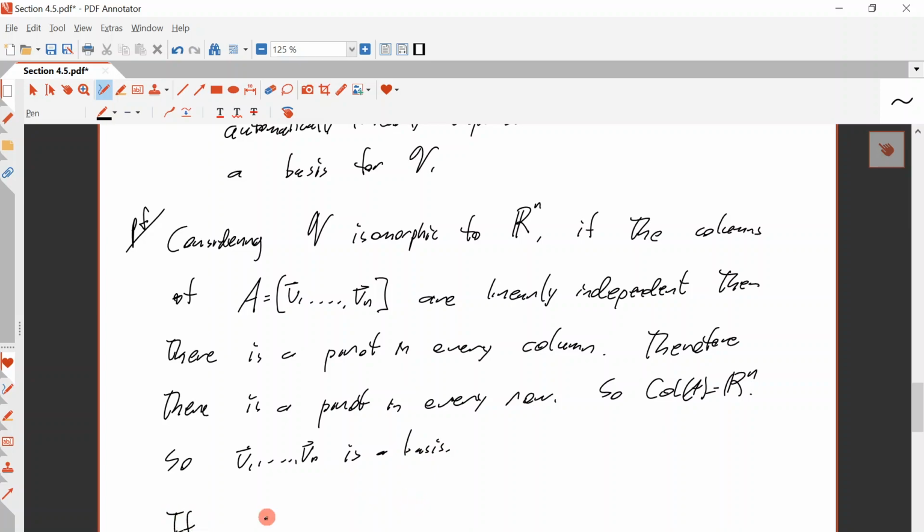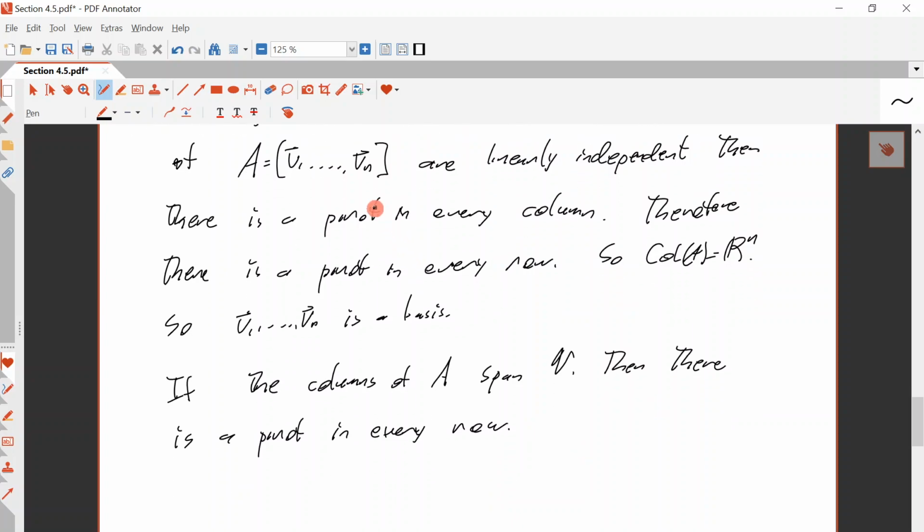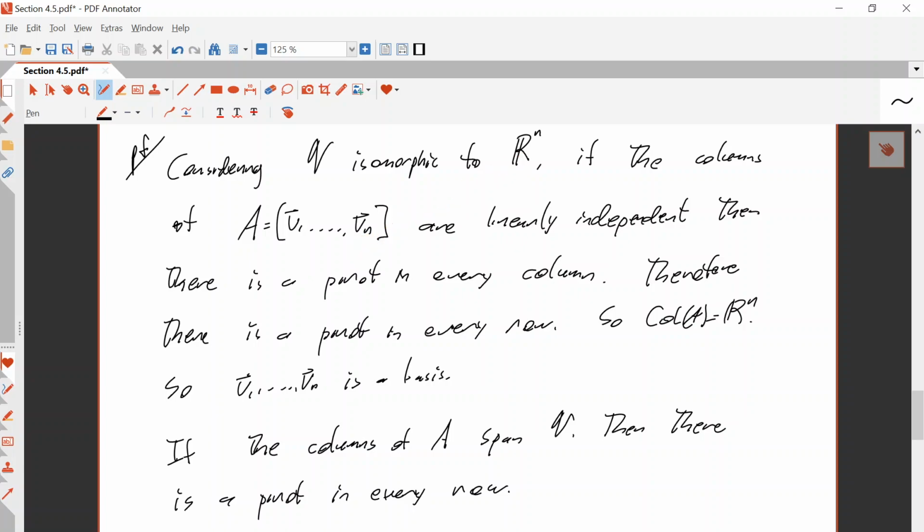Also, if the columns of A span V, then there's a pivot in every row. But again, A is an n by n matrix in Rn. So there's a pivot in every row.